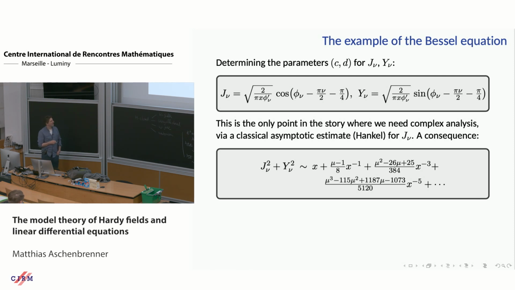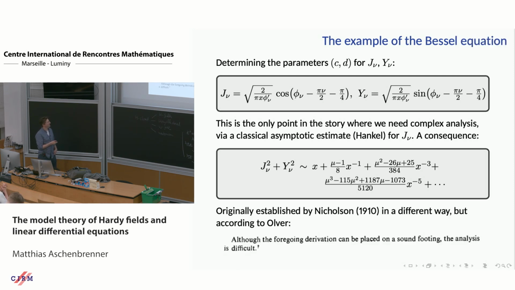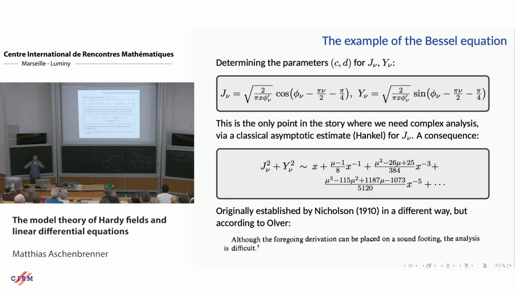And this result has an interesting history. It was established by Nicholson in 1910 in a quite different way. He used an integral representation of this function, J nu squared plus Y nu squared, involving something called the modified Bessel functions. This also involves some horrendous contour integration and deformations of contours.